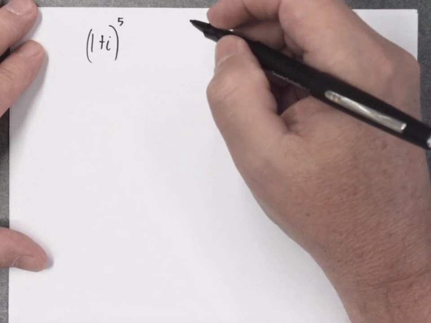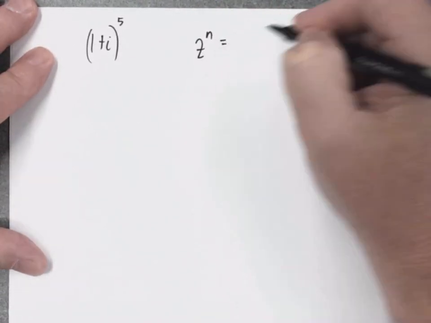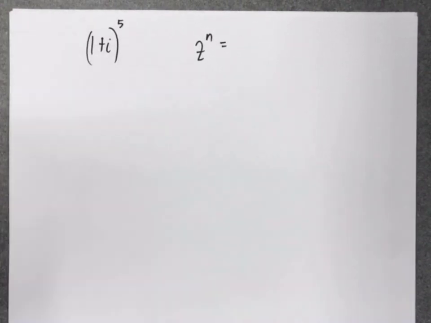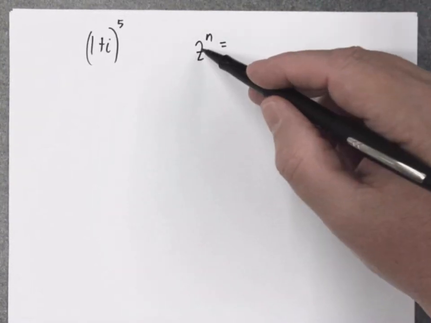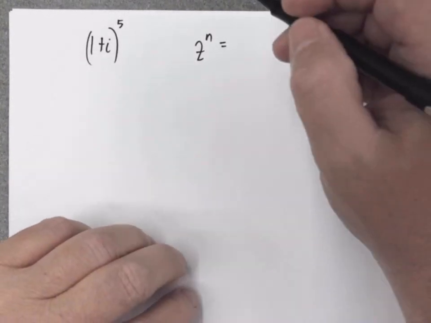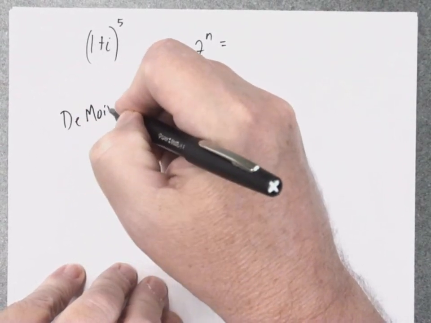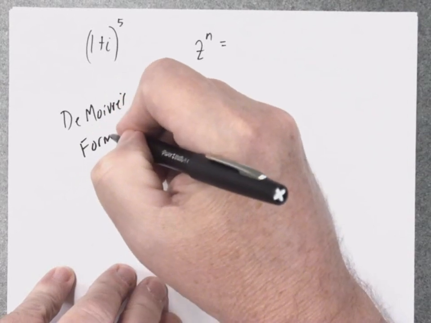But once again, when we can have a complex number in the exponential form, then this isn't too difficult. So here's your complex number raised to the n power. And this actually is called DeMoivre's formula.